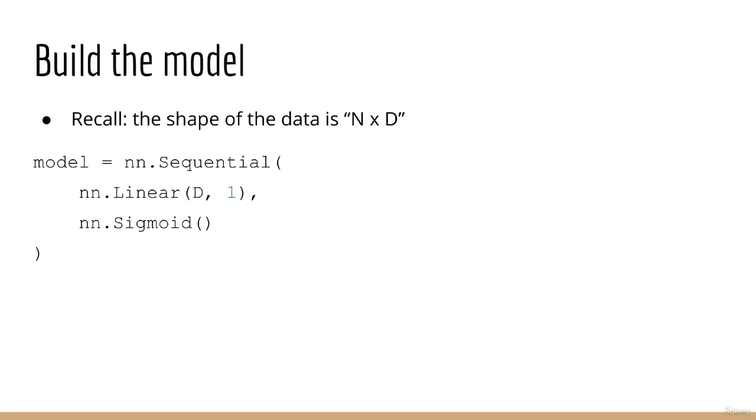Once we've prepared our data, it's time to build the model. As you know, the linear classifier is almost the same as linear regression, just with one extra step, the sigmoid. This should be a hint that we're still going to have a linear object somewhere in the model. Well, it just so happens that the sigmoid is also represented in PyTorch with an object, the sigmoid object.